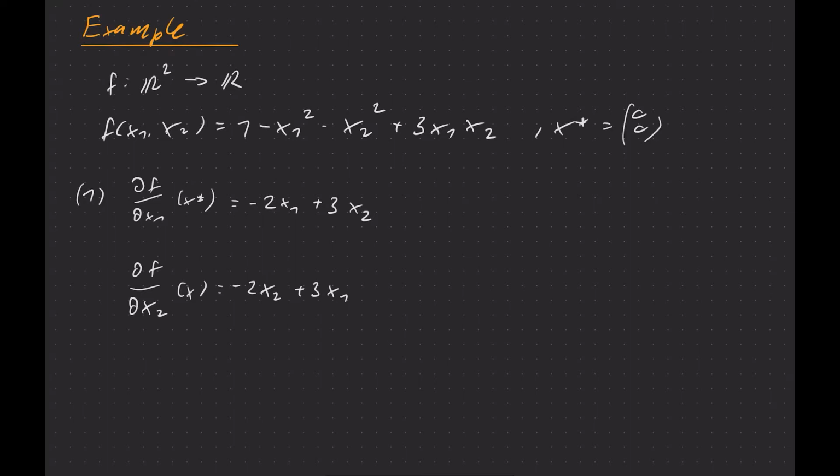If we're working along these lines, then of course we can also compute the second partial derivatives. So let's compute d squared f dx1 squared. This will be minus 2. And along the x2 line, d squared f dx2 squared is also minus 2.